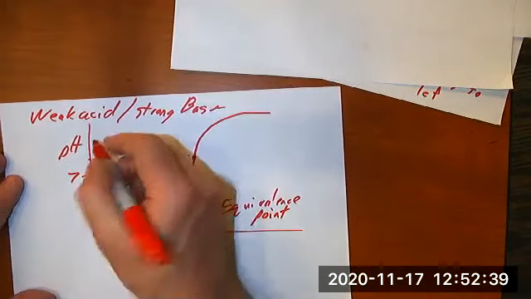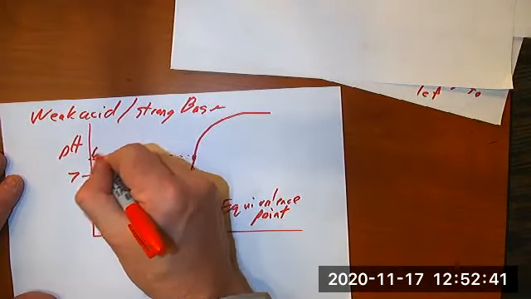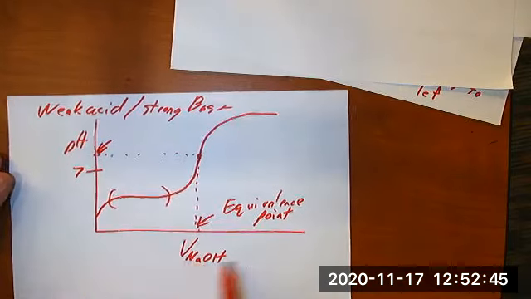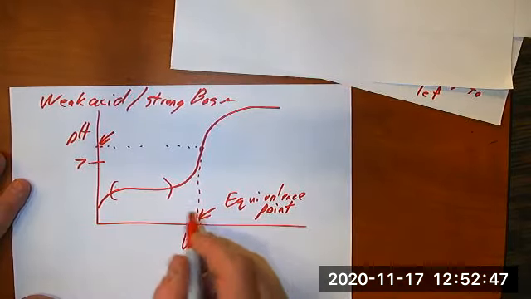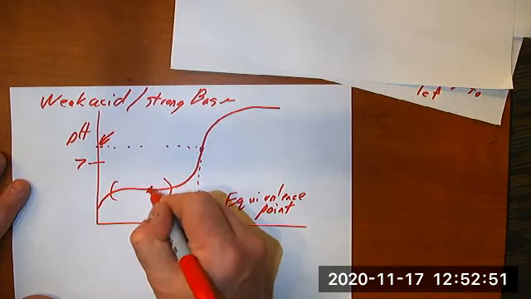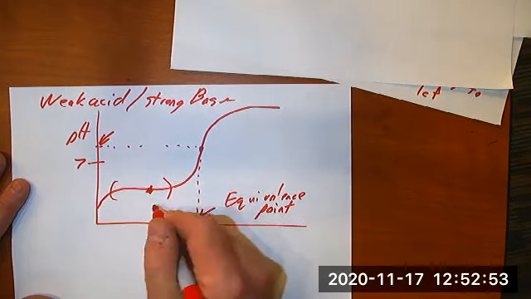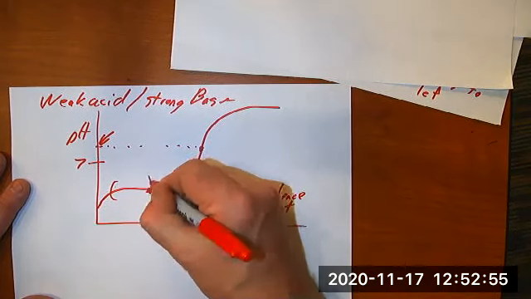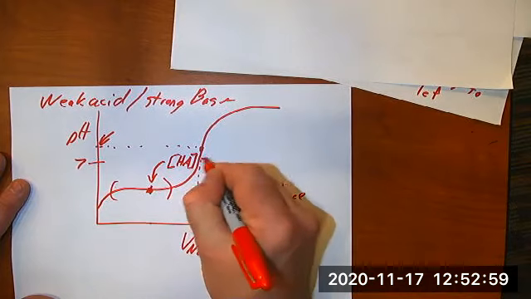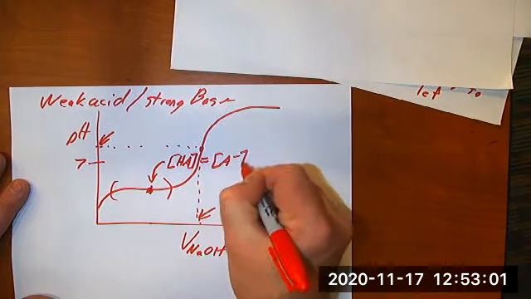If it's a weak acid, then we end up with a pH above 7 at the equivalence point. The half equivalence point, so half of the volume, is the center of the buffer region. This is the point where the concentration of HA equals the concentration of A minus.